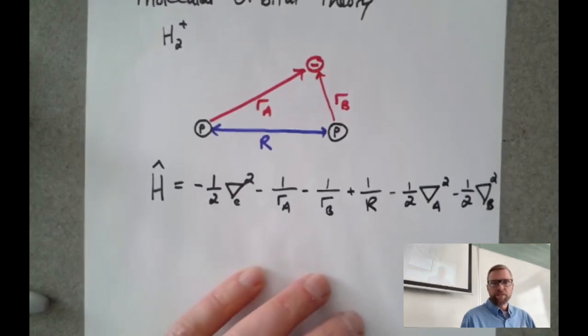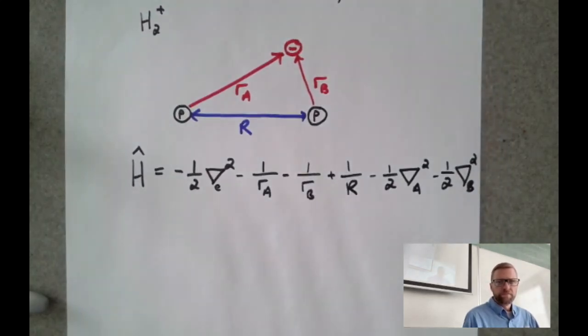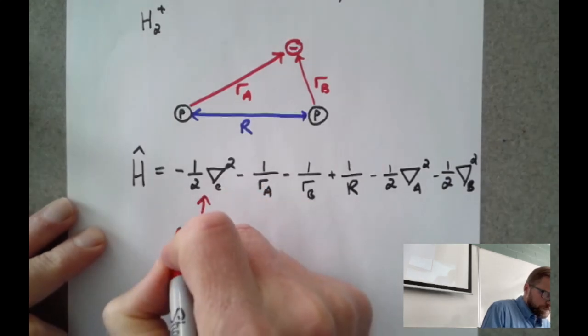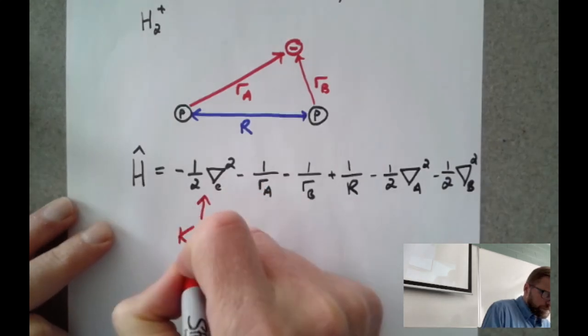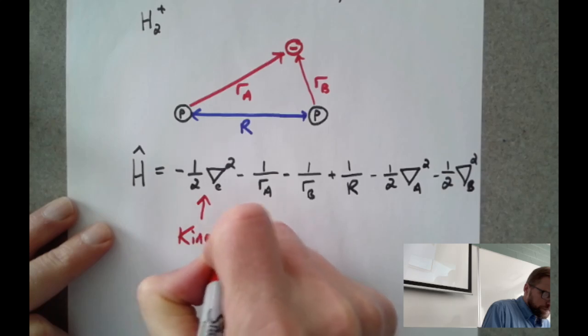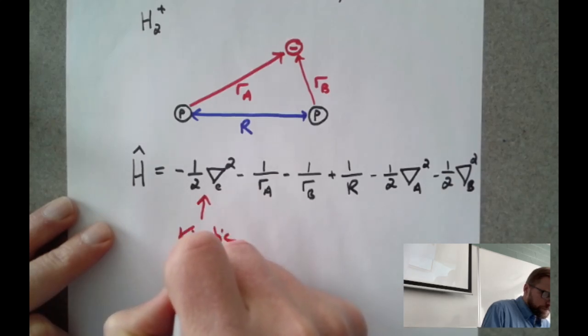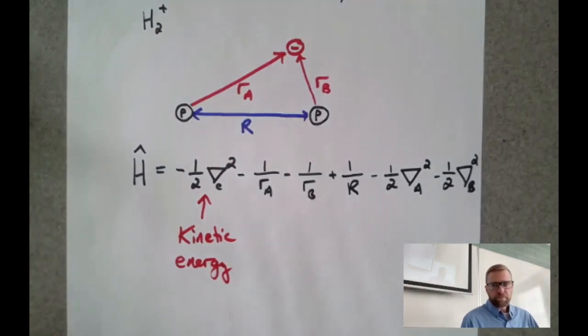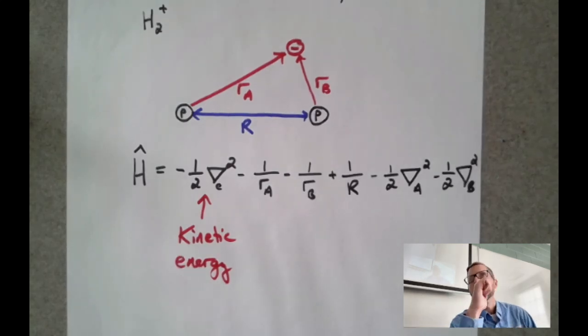Almost running out of space. Now you'll notice that it's missing all those constants, like the h bar and all that stuff.